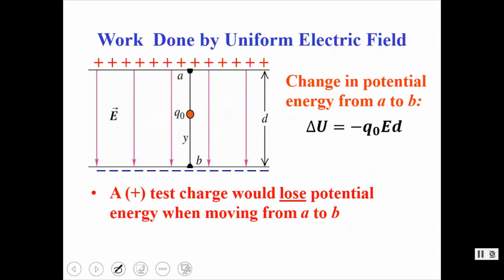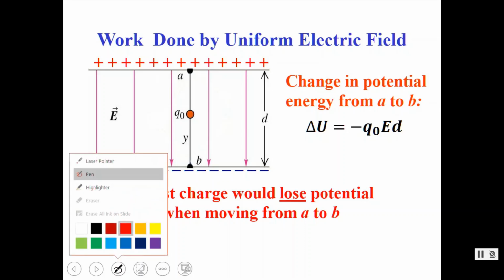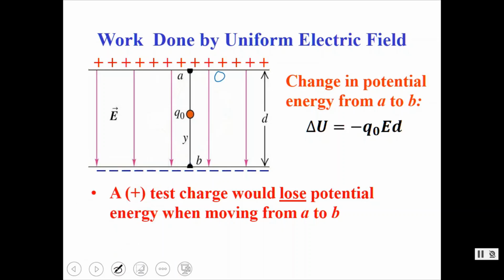So if we take a look at what's going on here, in order to have this electric field, that top plate had to have been positively charged, and that bottom plate would have had to have been negatively charged. So if we were to put a positive test charge there, it is going to be very strongly repelled and is going to want to easily come back down towards the negative plate.